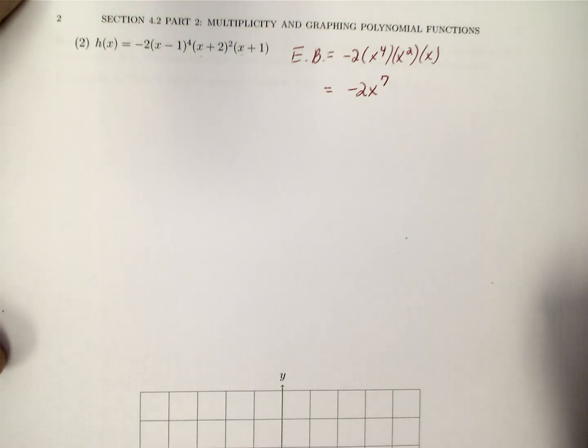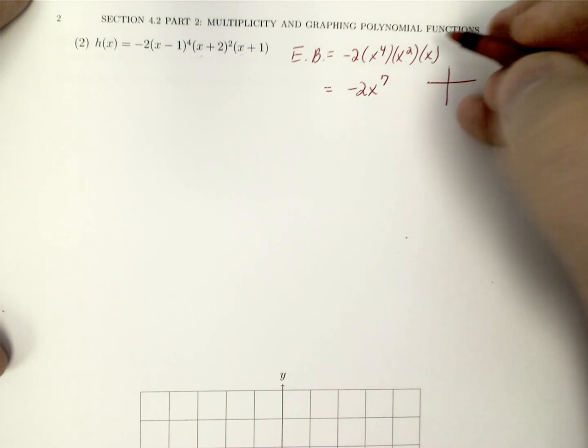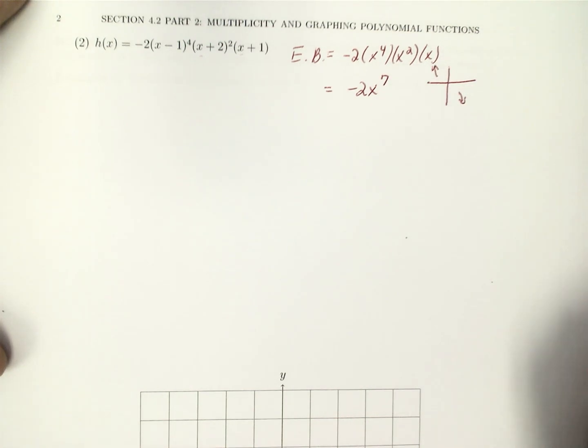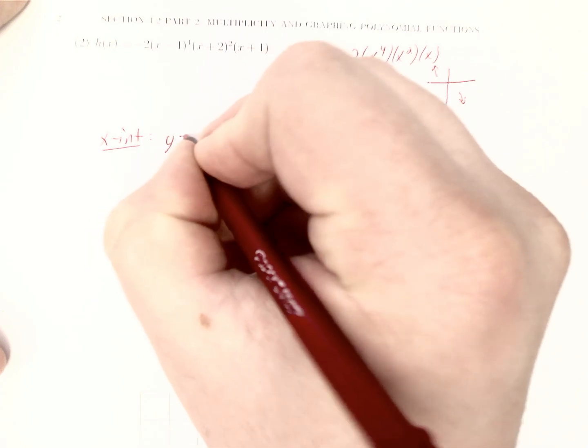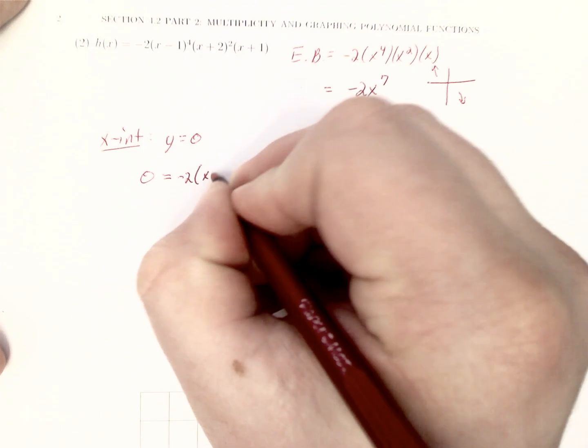So we have this. And this means that we have an end behavior that's odd and negative, so it's going to be like this. End behavior leads to x-intercepts. Set y equal to 0, which means we're setting the whole thing equal to 0.